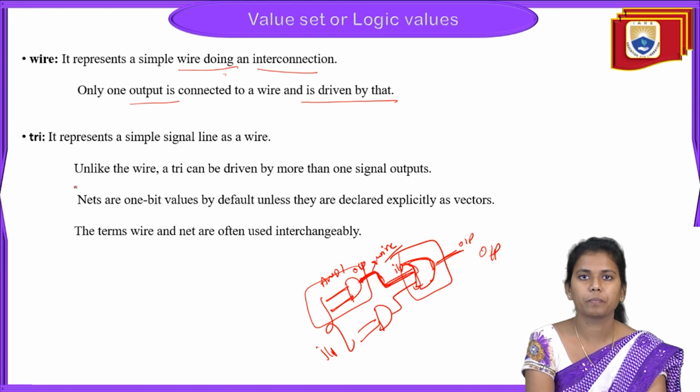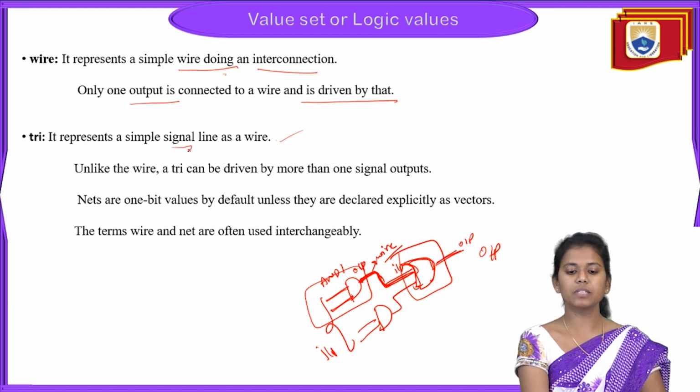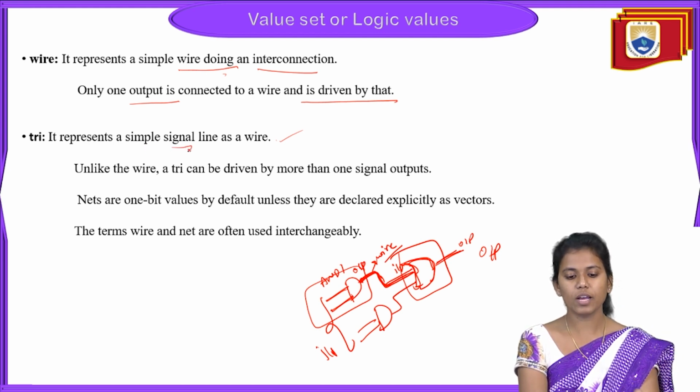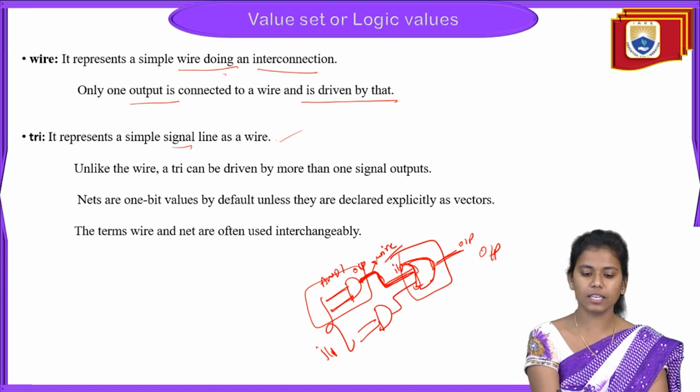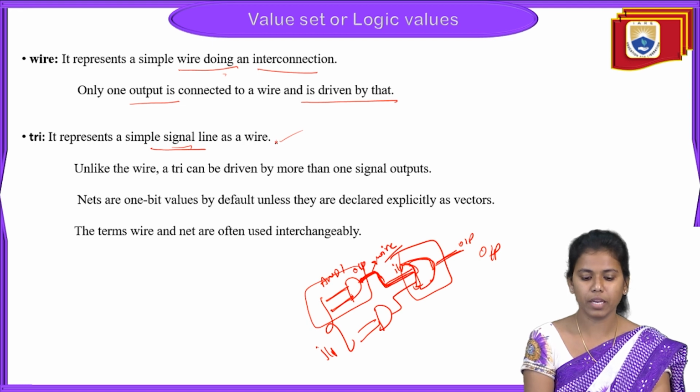And what is tri? Tri represents a simple signal line, like a wire. So what does it mean?